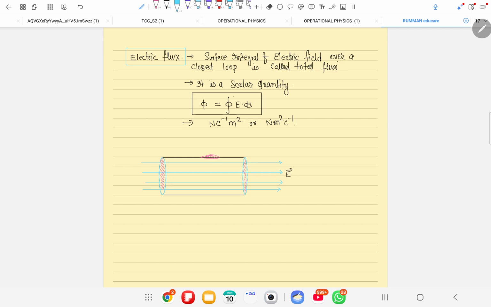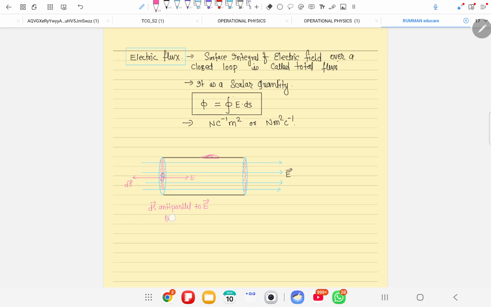So first draw the normal vector, or area vector, of this surface, in this direction, ds vector, and at this point the electric field line is entering. So in this case ds vector is anti-parallel to E vector.